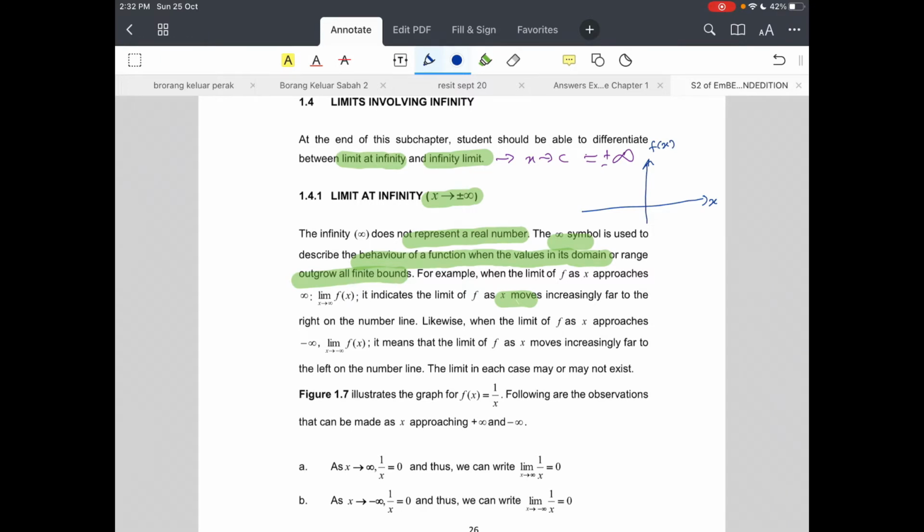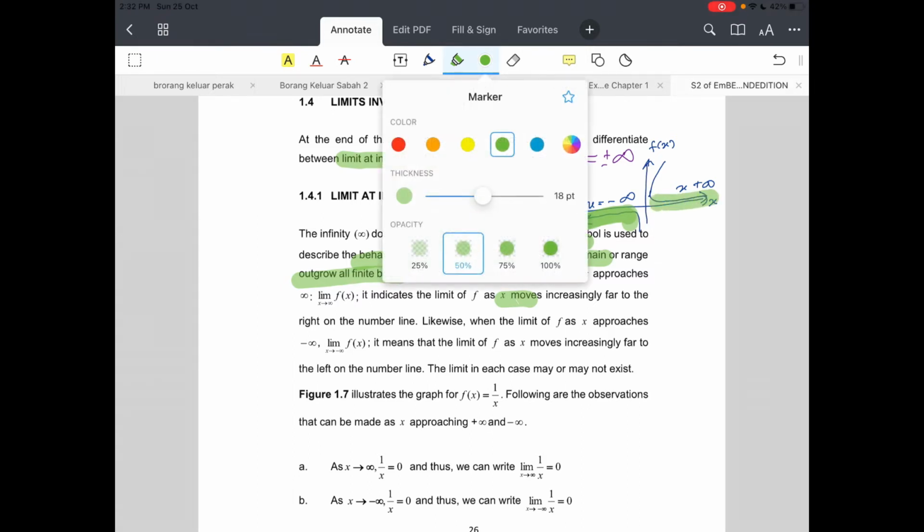It can be when x approaches infinity. If x approaches infinity, what happens? This is when x approaches positive infinity, and this is when x approaches negative infinity, from towards the negative infinity to towards the positive infinity.